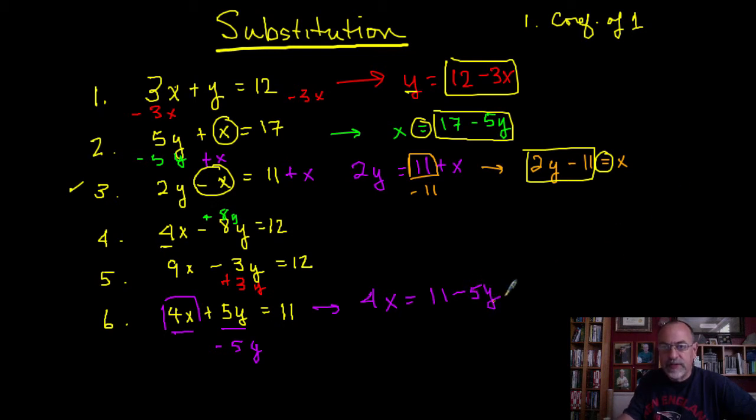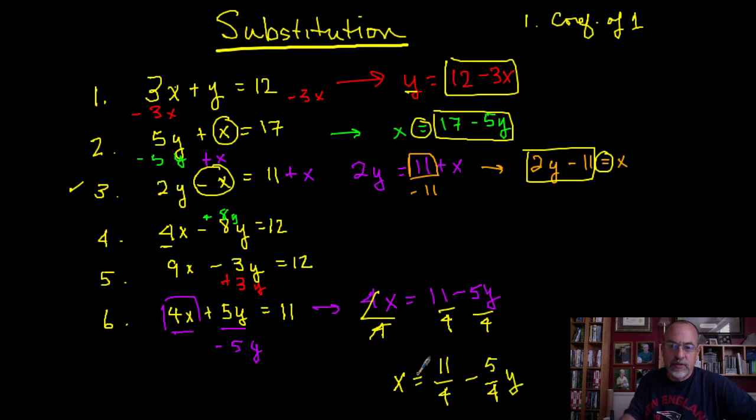I then am going to divide by 4, and I have to do that to every term. So that reduces, leaving me the x by itself. 11 over 4 doesn't divide evenly and doesn't reduce, so I'm stuck with that fraction. And 5 over 4 does not reduce and does not divide evenly, so I'm stuck with that fraction.